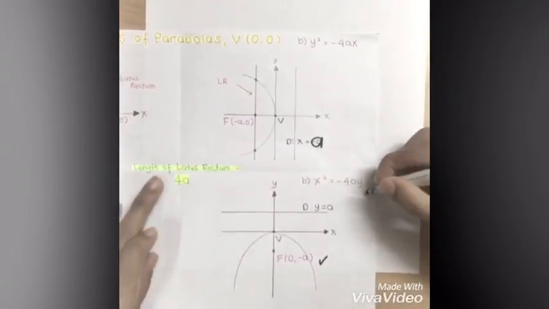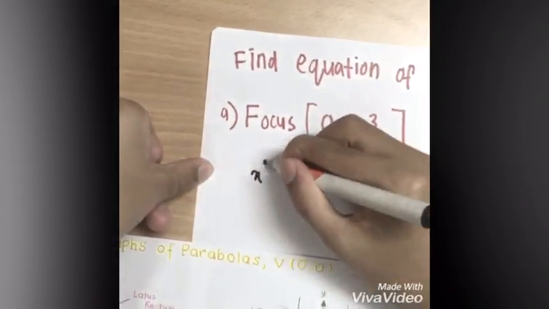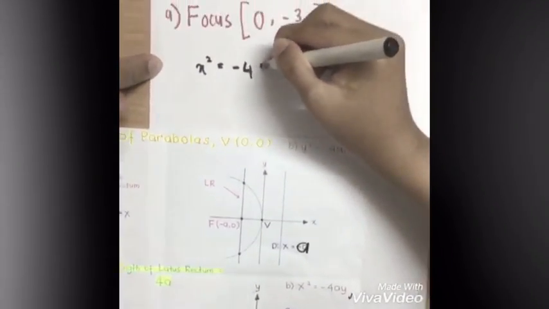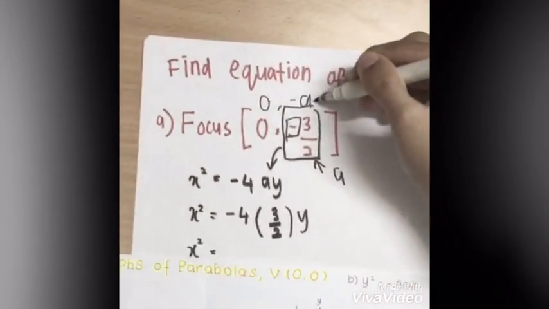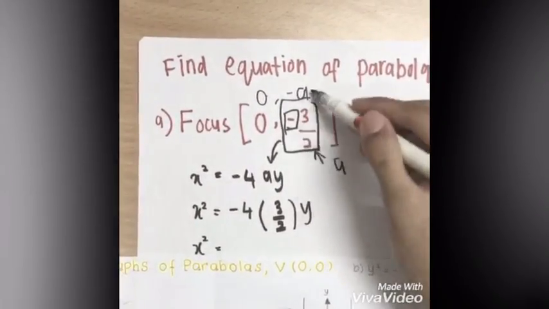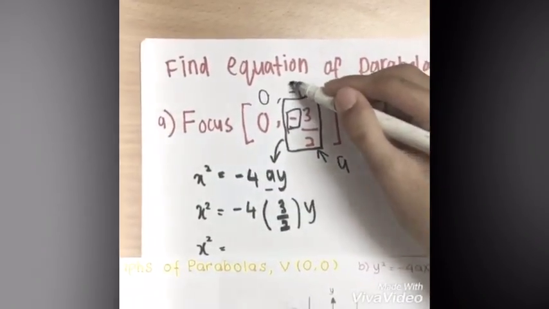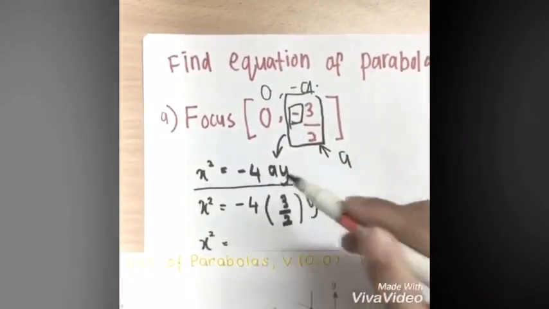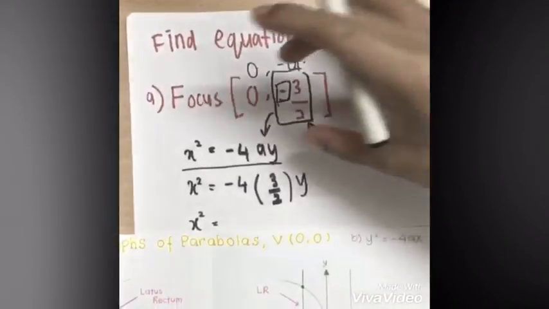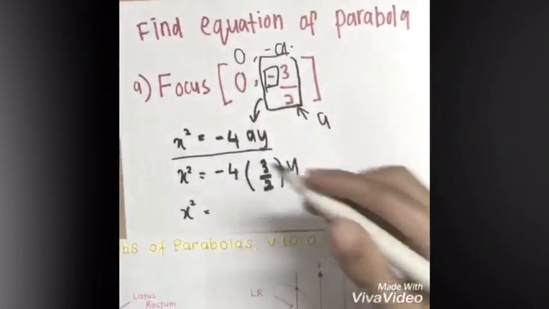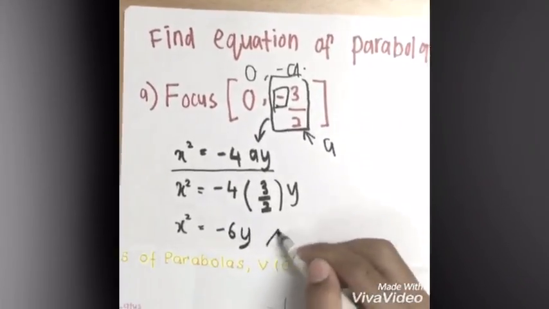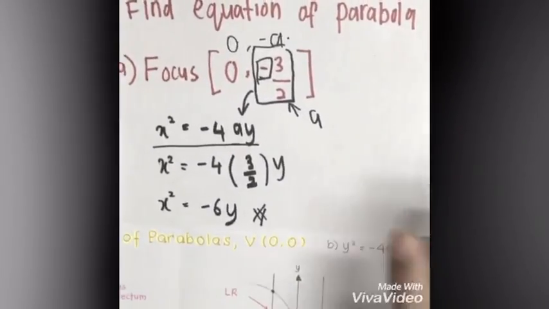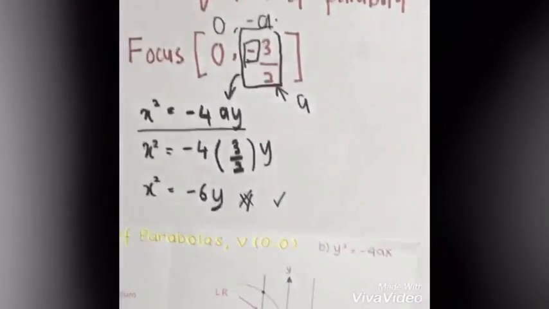So we use this formula, x squared equal to negative 4ay, where the focus is 0, negative a. We put a only into this and ignore the negative, because this is exactly the equation for focus 0, negative a. So x squared equal to negative 6y. This is the equation of the parabola for question A.